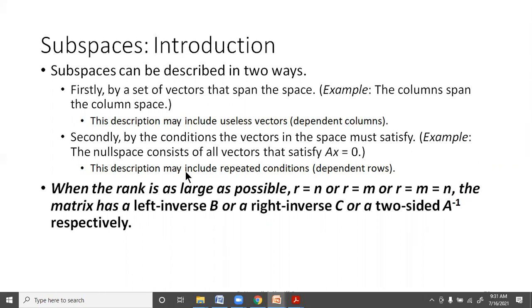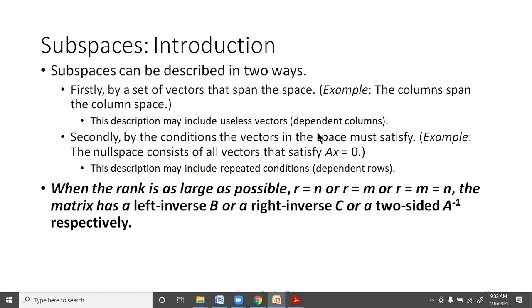This description may include repeated conditions. Repeated conditions just refer to dependent rows, similar to the useless vectors which correspond to the dependent columns. The condition might be almost similar, or in place of Ax equal to 0, you can multiply both sides by some quantity, say b, and the right hand side will remain 0, but the left hand side might look different.